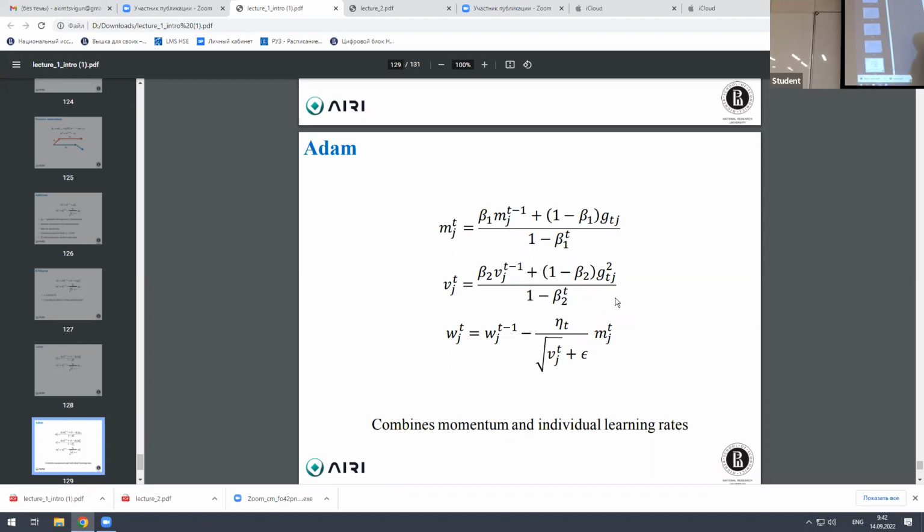We can see this very part divided by 1 minus beta 1, 1 divided by 1 minus beta 2. The idea is, again, quite simple. Since we were starting with the 0 value, since on the first iteration, our previous value was equal to 0, we need to scale with respect to the weight of the 0 value.